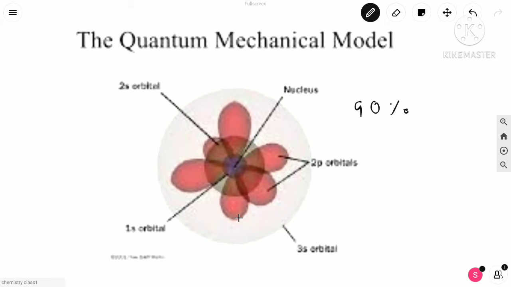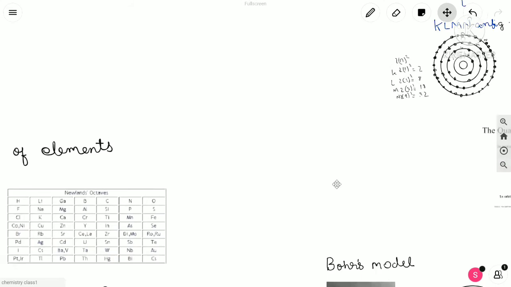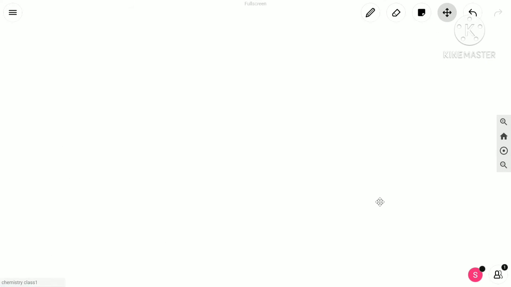So as I told, we'll again be talking about the periodic table. First, I'll just tell something more about this SPDF configuration.